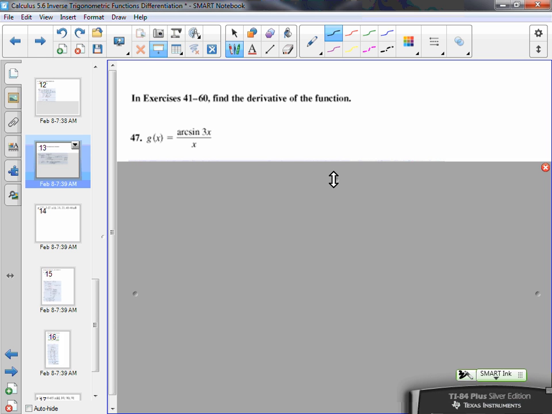So on 47 here then, our first rule is the quotient rule. And then within that quotient rule, we'll have to be able to take the derivative of the arc sine of u.